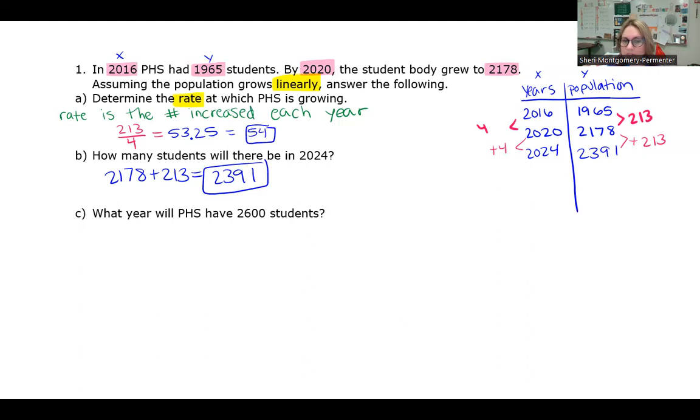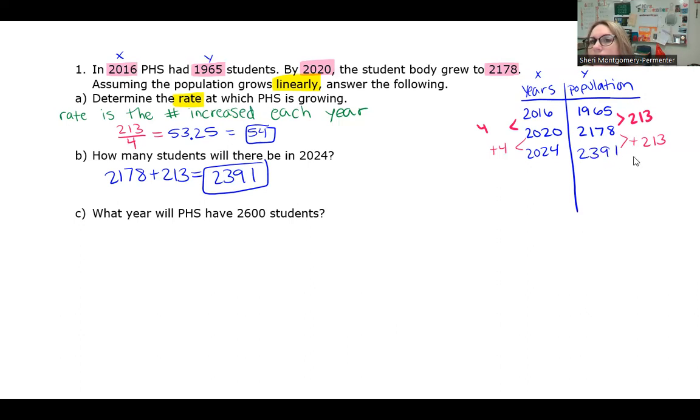It says, what year will PHS have 2,600 students? I don't know. So to figure that out, I could keep going by 4s and see if I could get close. If I add another 200, so that's 3, 4, 5.